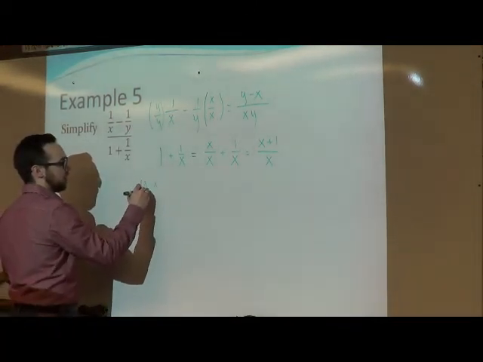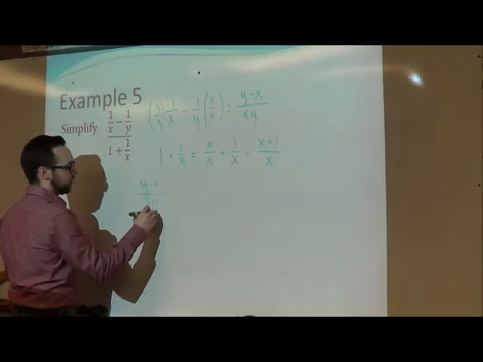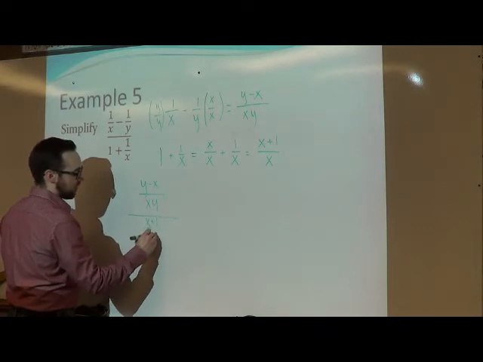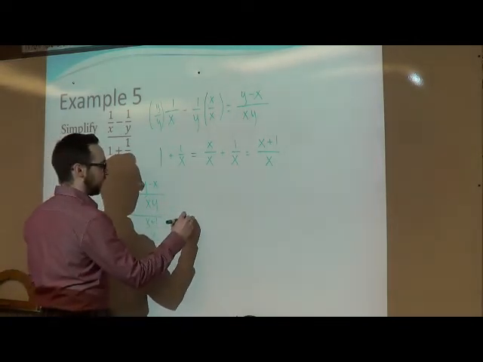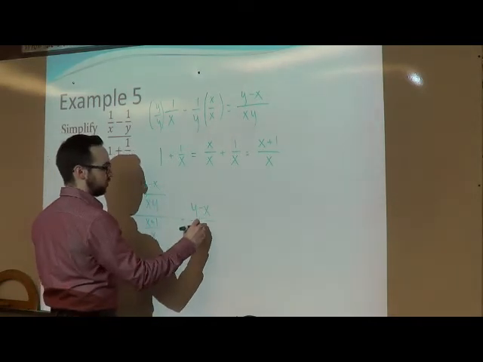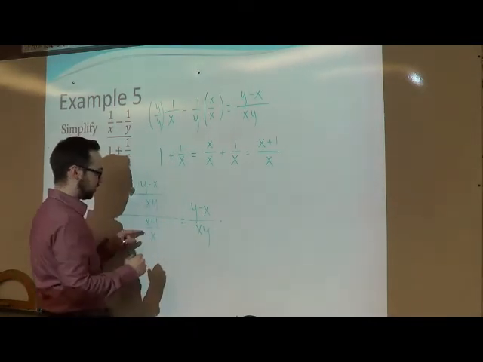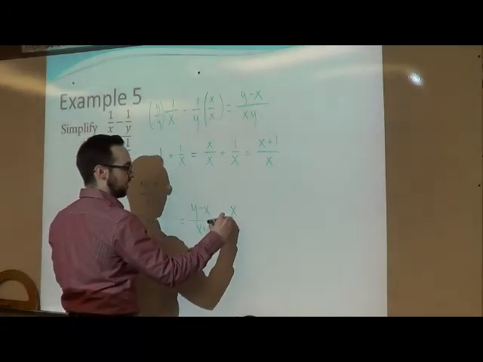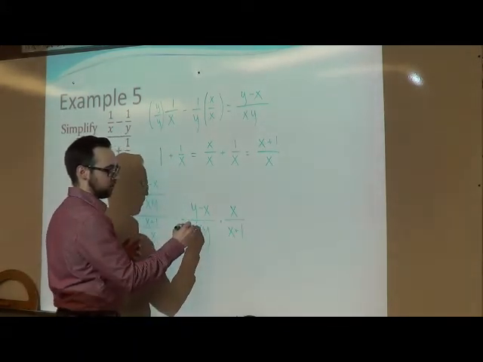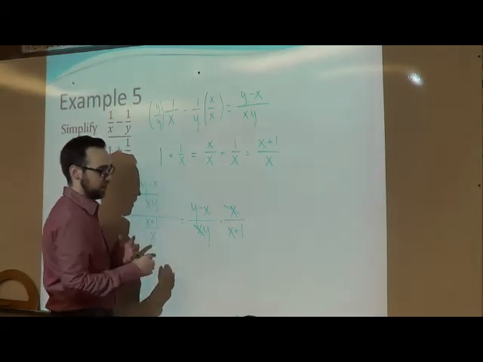So now we have y minus x all over xy, and we're dividing that by x plus 1 over x. Remember, rewrite this as division from yesterday. We do y minus x all over xy times the reciprocal, x over x plus 1. And now we can reduce. The x's will cancel, and that's what we're left with.